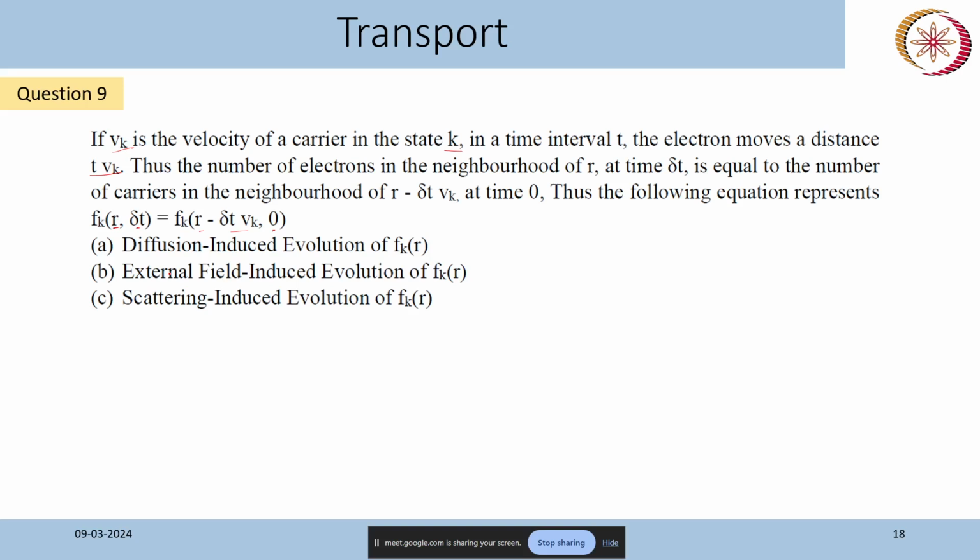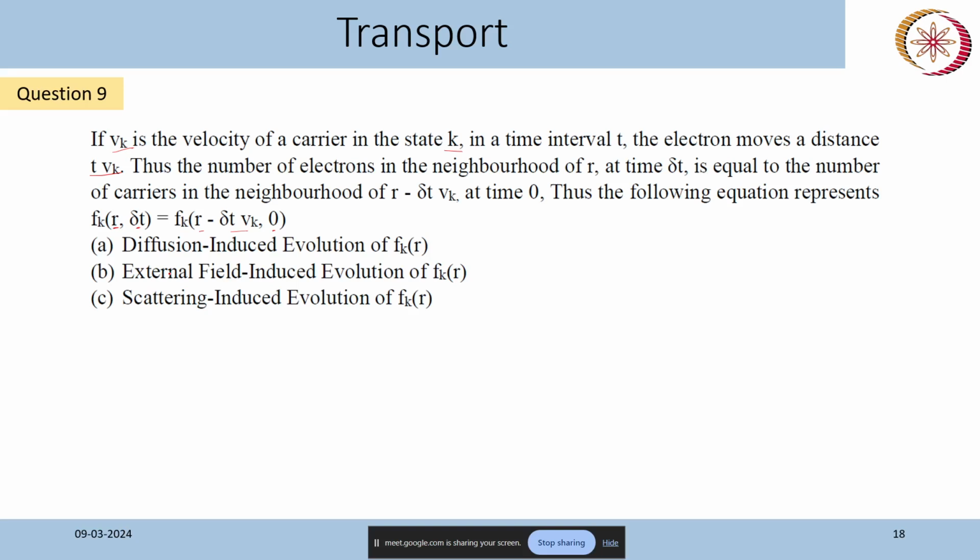And now how we will solve this? So the carrier distribution function f(k). We are basically interested in how the carrier distribution function f is changing, and f is a function of position, momentum, and time. Here we are considering how the distribution function in momentum space is changing.